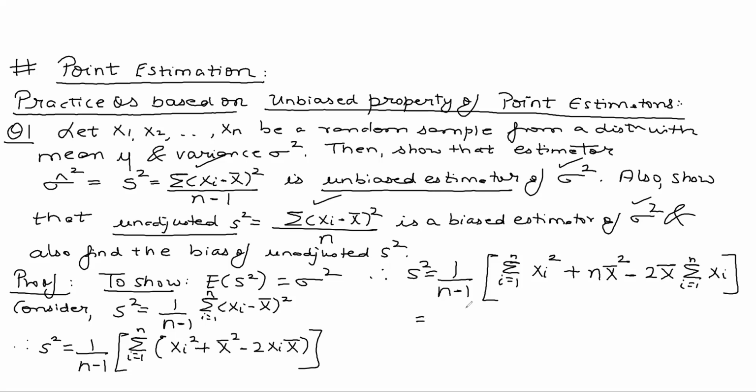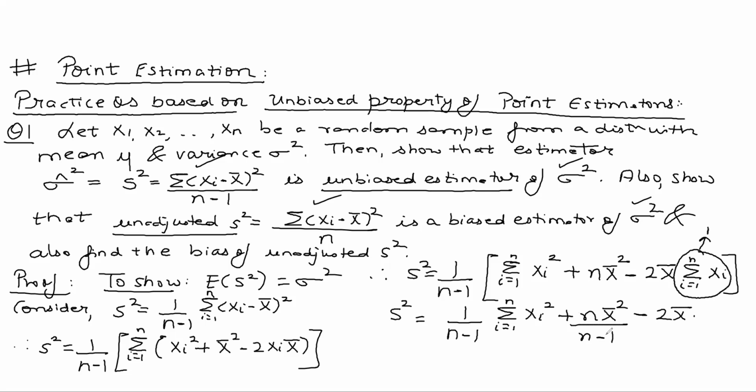Then I can further separate it and write it like this. S square is 1 upon n minus 1 times summation as i goes from 1 to n of xi square, plus n x bar square upon n minus 1, minus 2 x bar into, now guys, summation as i goes from 1 to n of xi is nothing but n x bar only. All of us know that x bar is summation xi by n, therefore summation xi is nothing but n x bar.